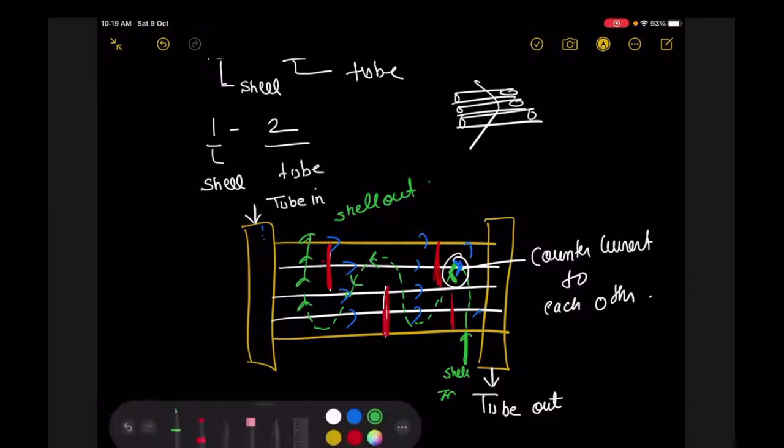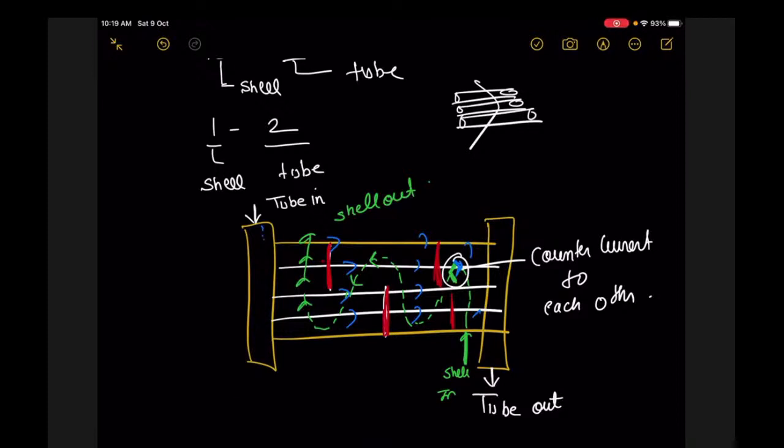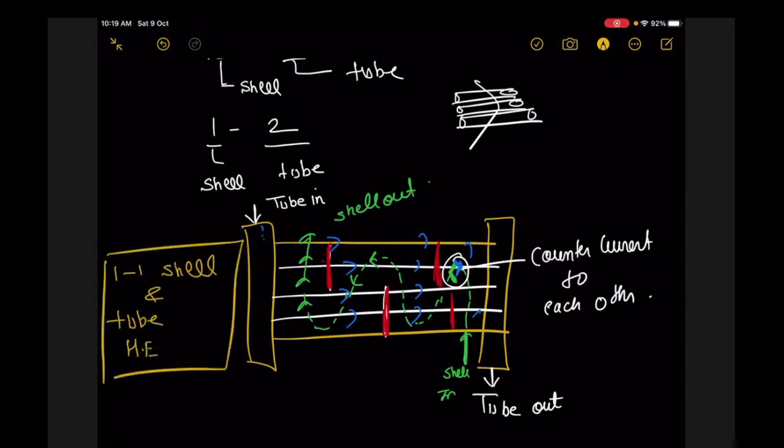What it gives the idea is that this is the diagram of a 1-1 shell and tube heat exchanger. It gives us the idea that a 1-1 shell and tube heat exchanger will by default always be a counter current heat exchanger. Okay, because in this, shell fluid and tube fluid are moving in opposite directions to each other.